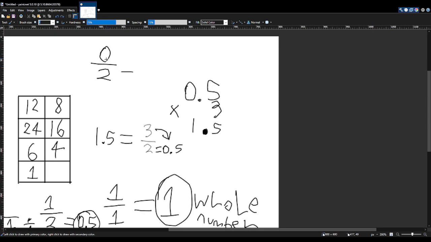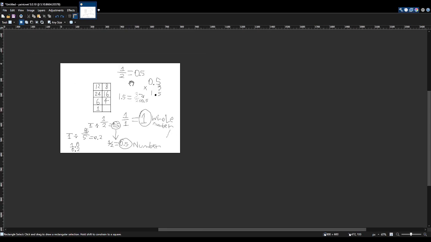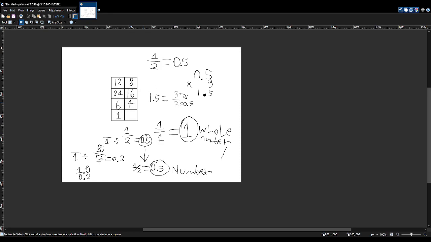This would equal 0.5 since it's 1 out of 2, 1/2. Might be a little confusing, but if you get the concept, you can flex on your friends all you want.